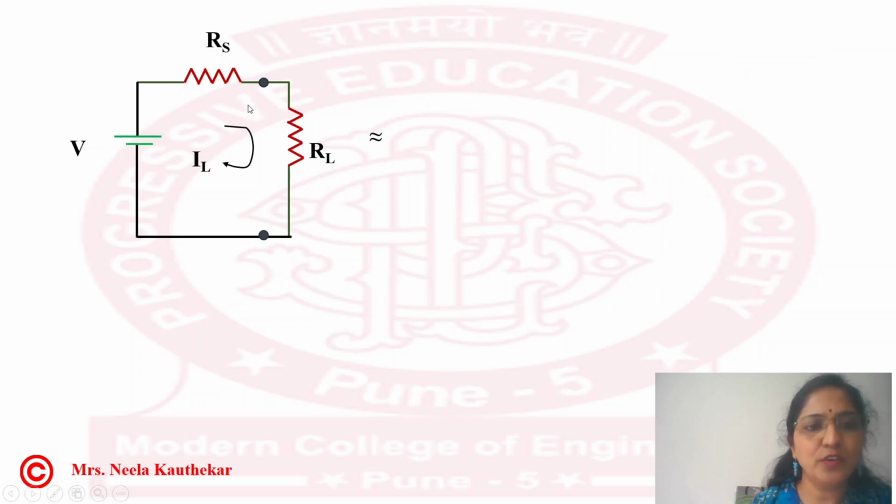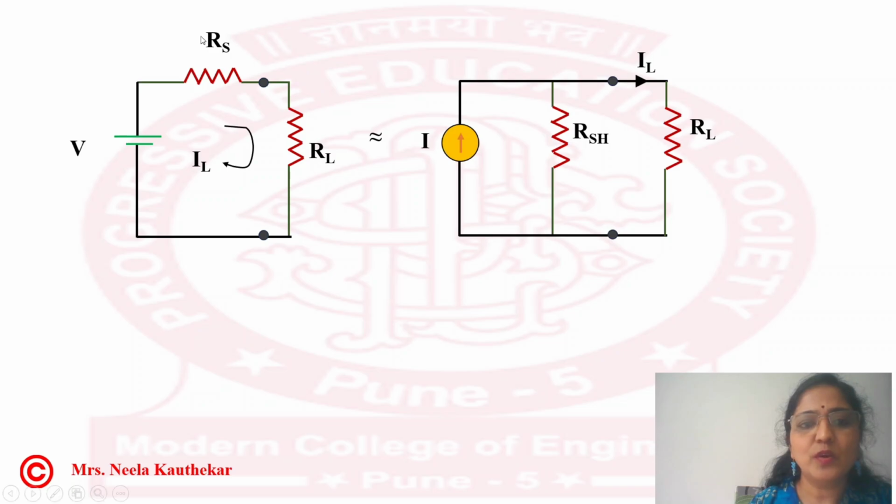So this is a voltage source which I have connected to the load resistance. We can see that this is the load resistance. Now I want to convert it to the current source. So this internal resistance RS will go in parallel in the case of the current source.